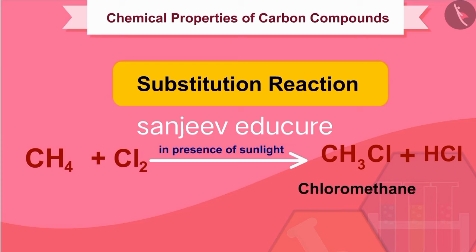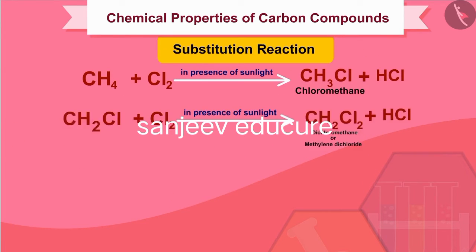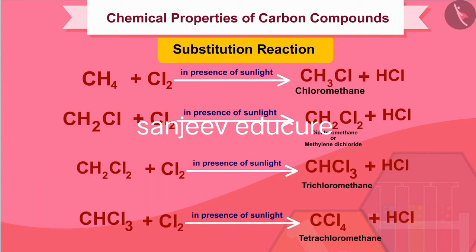By supplying more chlorine, it is possible to replace all the hydrogen atoms of methane by chlorine one by one. In this way, we can obtain 3 more compounds: dichloromethane or methylene dichloride, trichloromethane and tetrachloromethane. Let's move towards the next type of reactions.